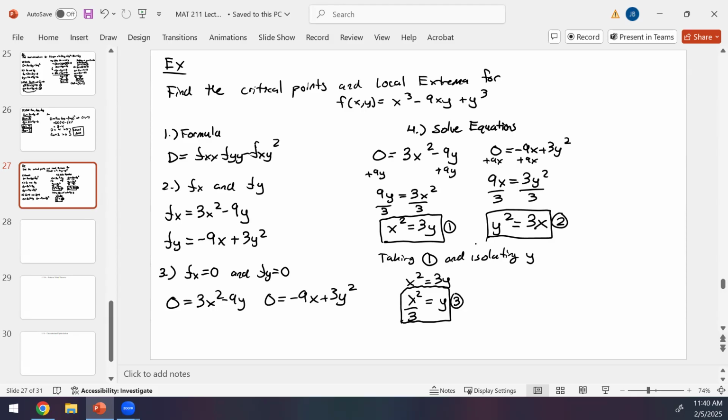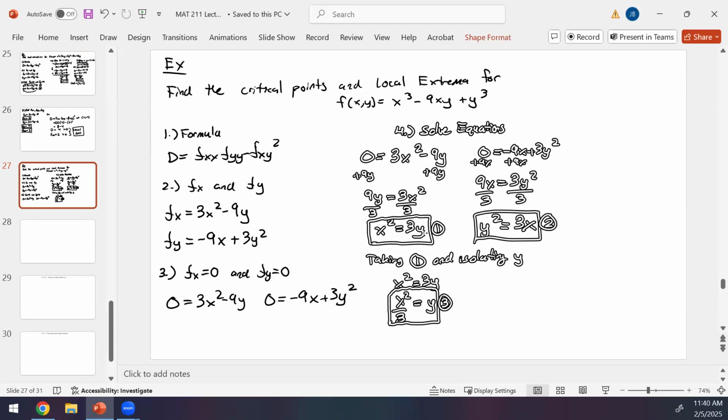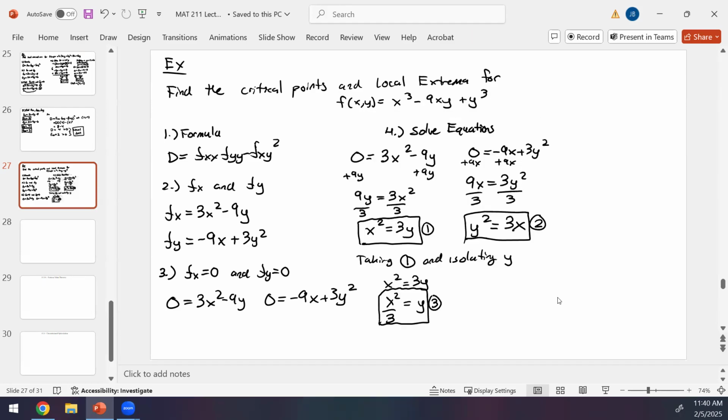And what I'm going to do now is substitute that into equation number 2, right? So that's going to be what I do next. And let me see if I can give myself just a smidge more space here. So now sub in 3 into equation number 2.